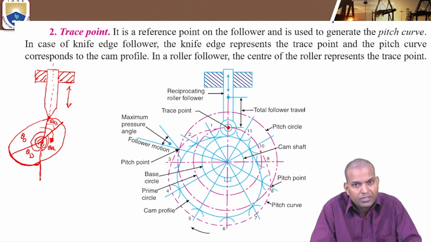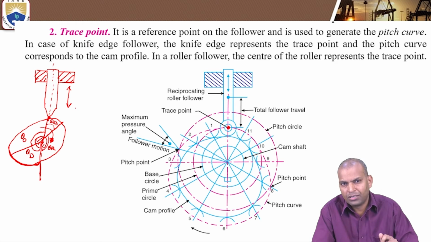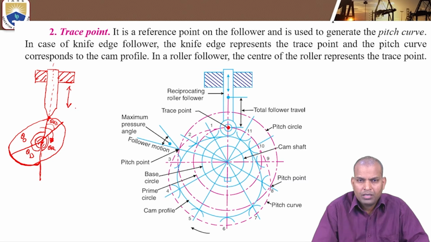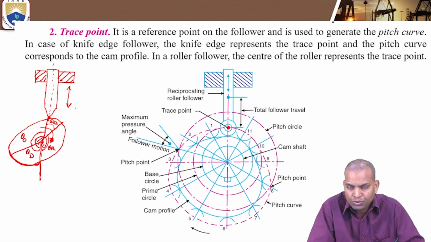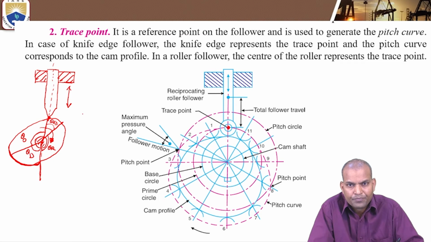So the pitch curve and cam profile are both the same in the case of a knife edge follower. Whereas in the case of a roller follower, the pitch curve is different from the cam profile, and the trace point is useful to draw the pitch curve only.